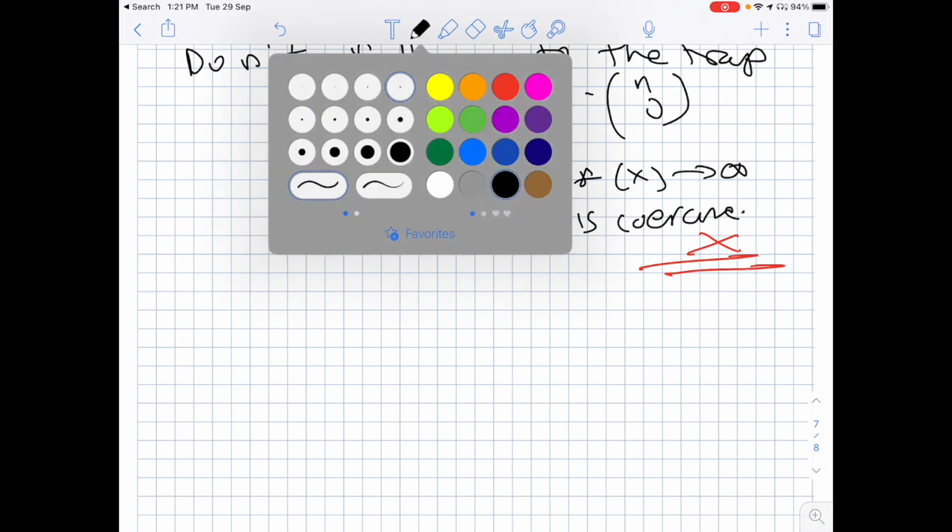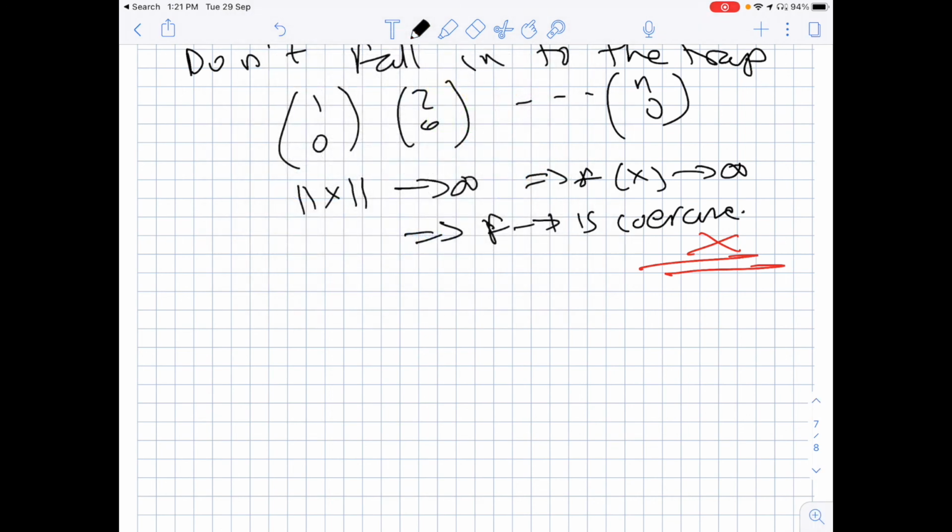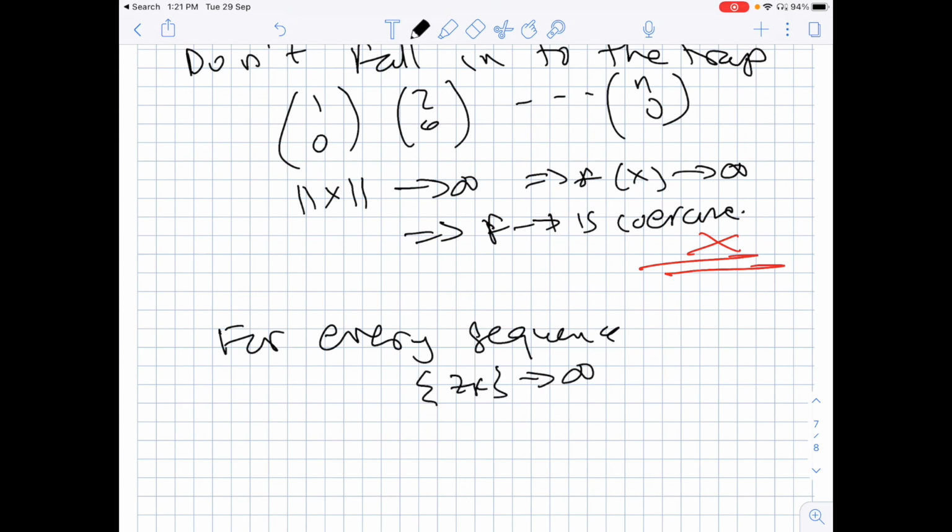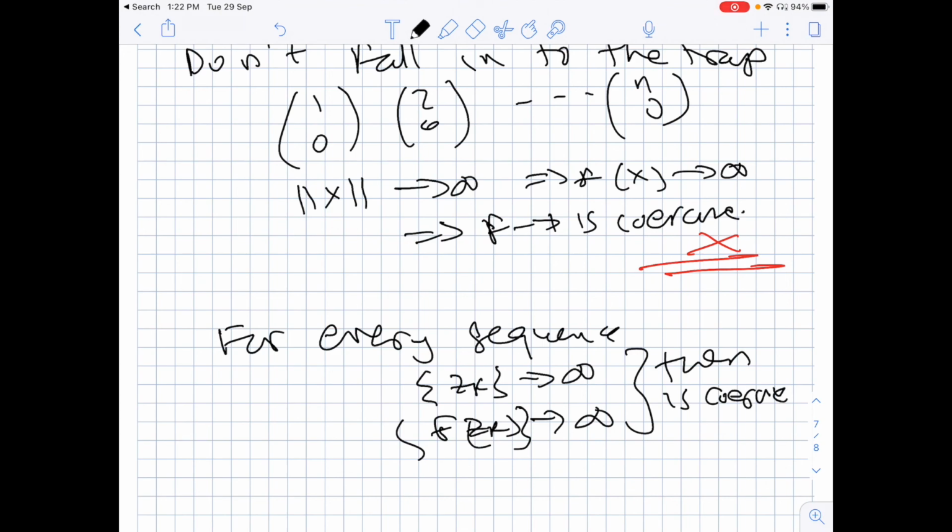The correct statement of coercivity is that for every sequence z_k going to infinity, if f of z_k goes to infinity, then and only then is f coercive.